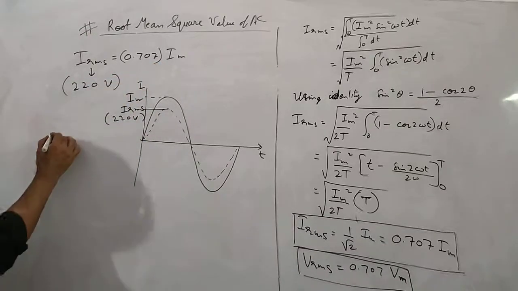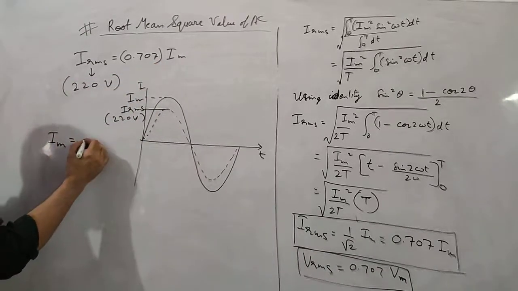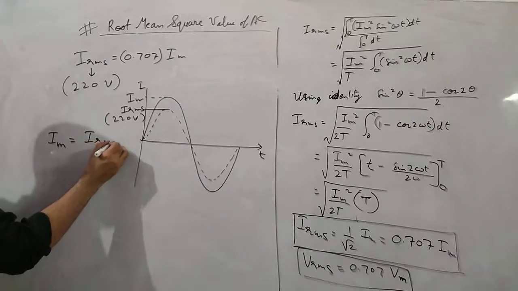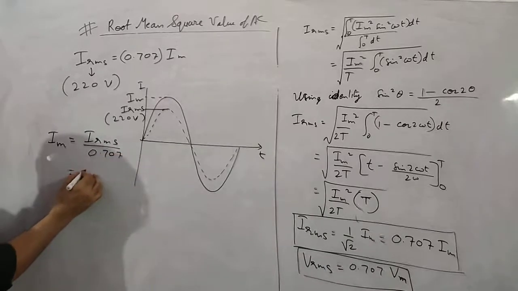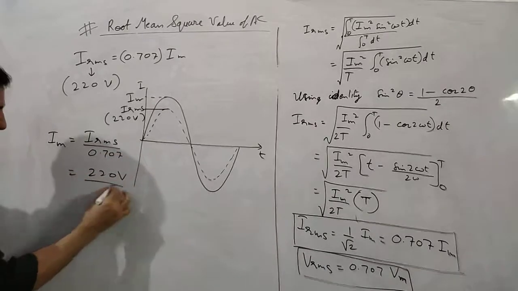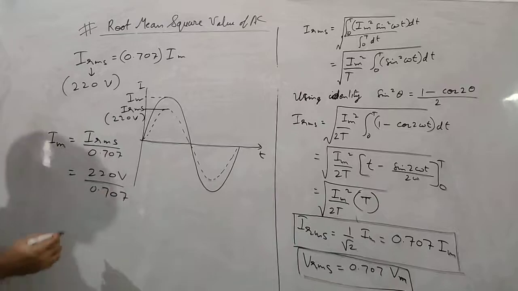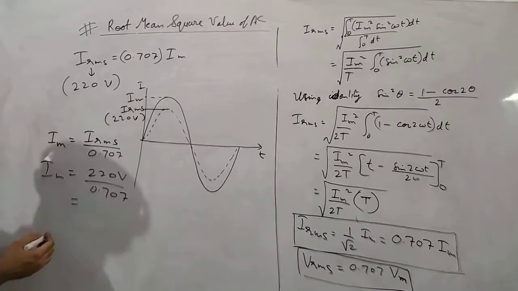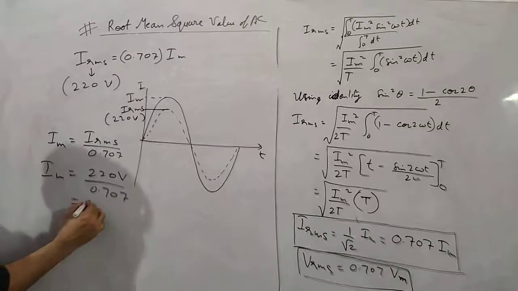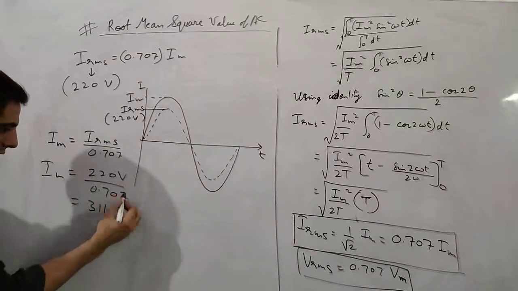The peak value is actually IRMS divided by 0.707. So if we write, this is actually the peak value that is coming inside our house. So this will come out approximately 311 volts.